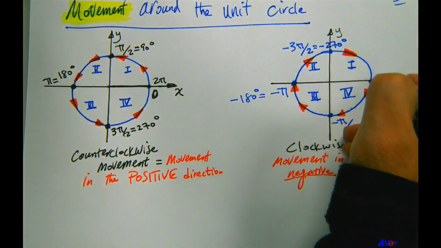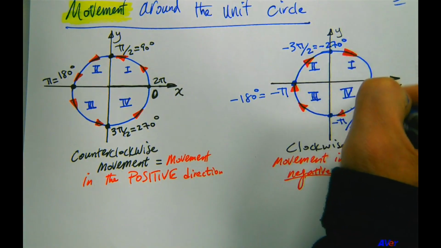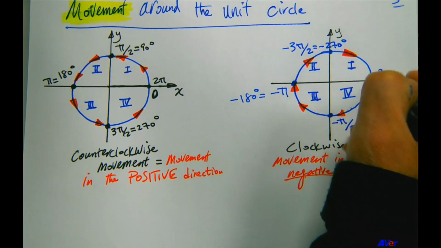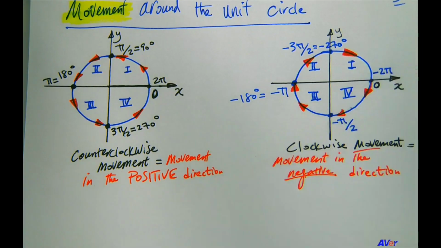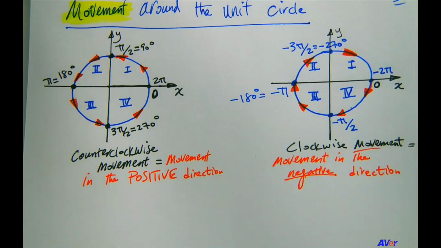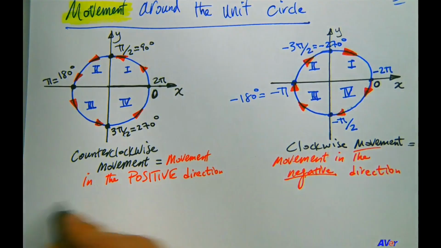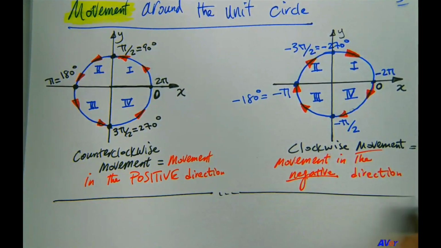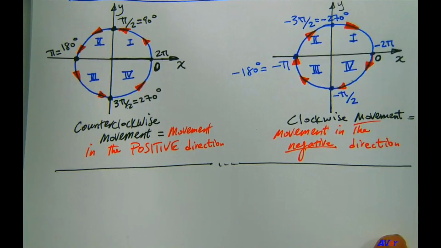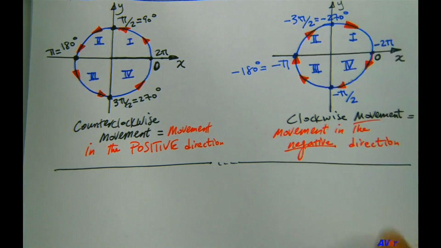And of course, going back one full revolution in the clockwise direction will get us to minus 2 pi. That's the angle that was traced in the clockwise direction, minus 2 pi. Okay, so that's pretty much what we need to know about movement around the unit circle.